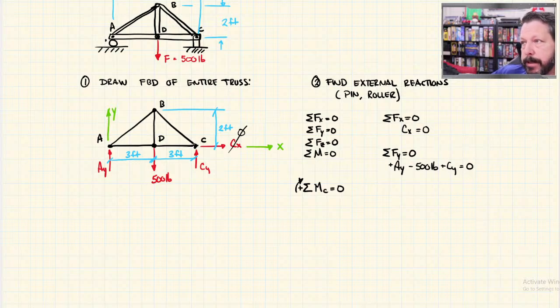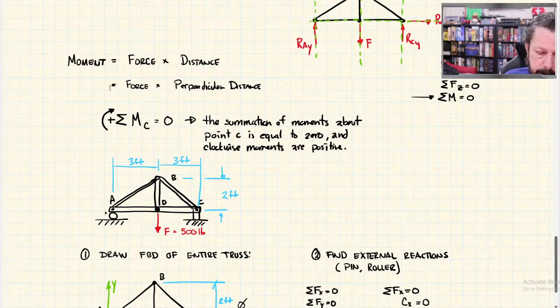So there's the equation, and I need to fill in all the stuff. So here's how the moments work. This equation is saying that if I imagined point C being the center of rotation for this truss, and I've got all these forces on it, AY, 500, CY, and CX, their combined effect would be that the truss does not rotate about point C. I said that a moment is calculated by taking a force.